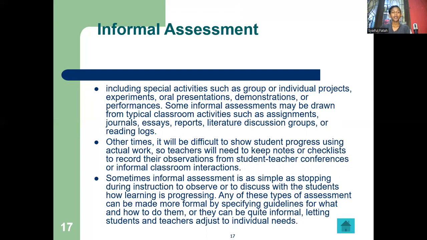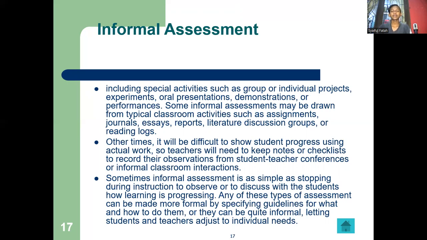reading aloud. Other times, it will be difficult to show student progress using actual work, so the teacher will need to keep notes or checklists to record observations from student-teacher conferences or informal classroom interaction.